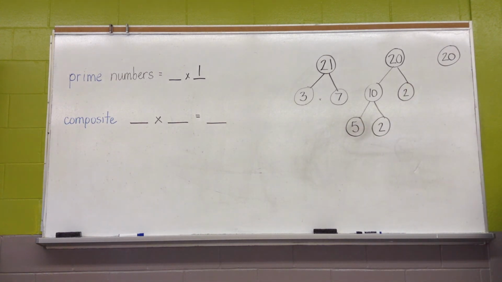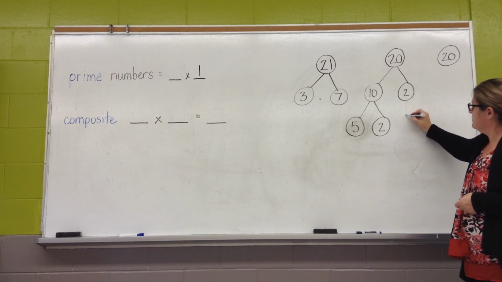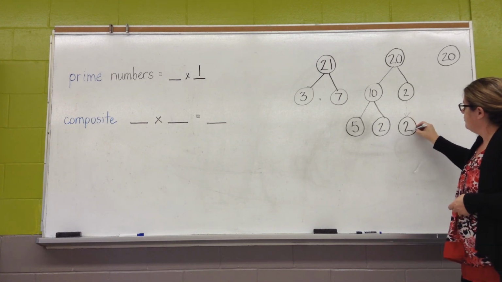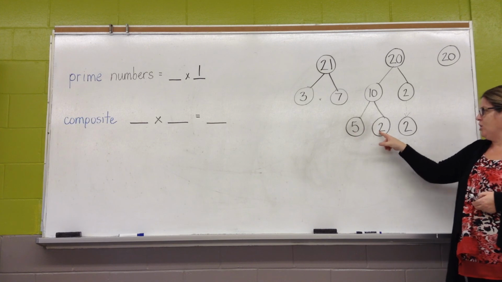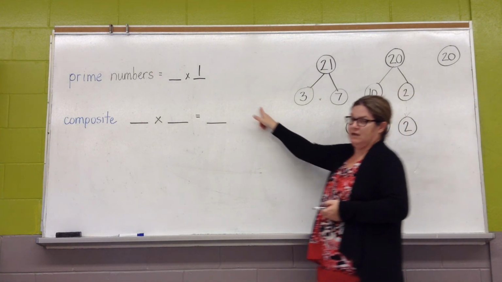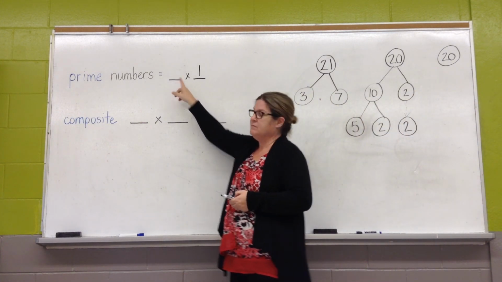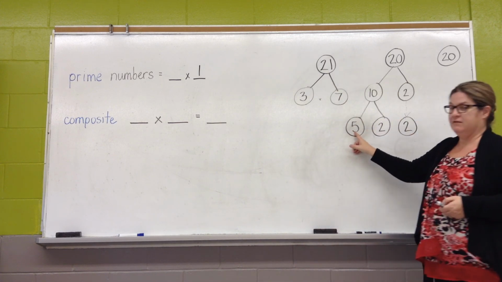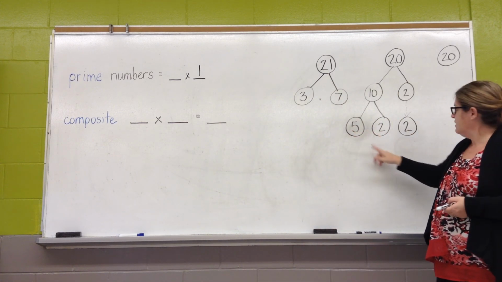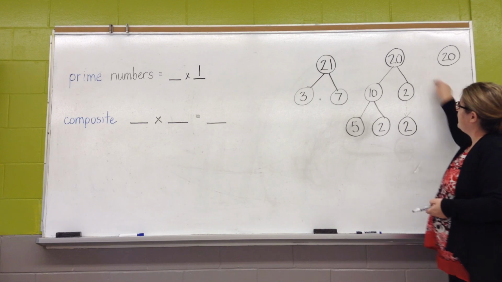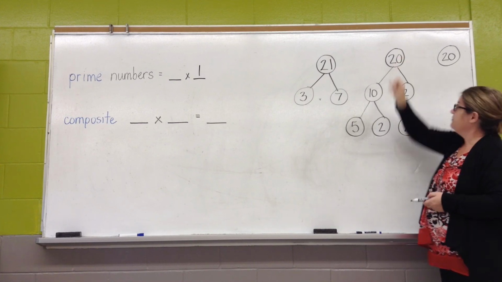And so what you see is we have 3 numbers, all of them being prime because they cannot be broken down anymore. And if we multiply 5 times 2, 10, times 2, 20, we get the number we started with.